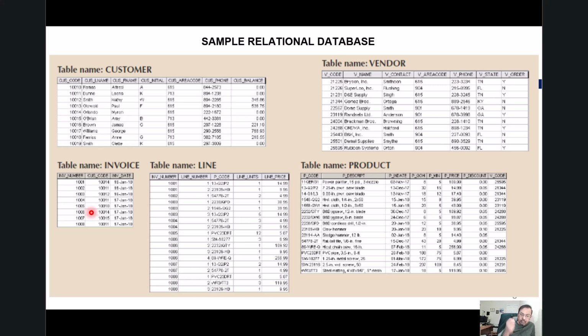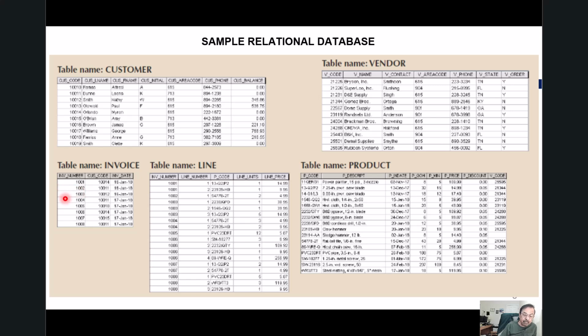Now, suppose I want to know, as the owner of the store, the total dollar value of all the outstanding invoices for each customer. It's like at the end of the month, I want to know what amounts are outstanding to me. So for each customer, I want to know in total how much money they owe me. Conceptually, what do I need to do in order to do that computation? There are three invoices for customer 1011, right?